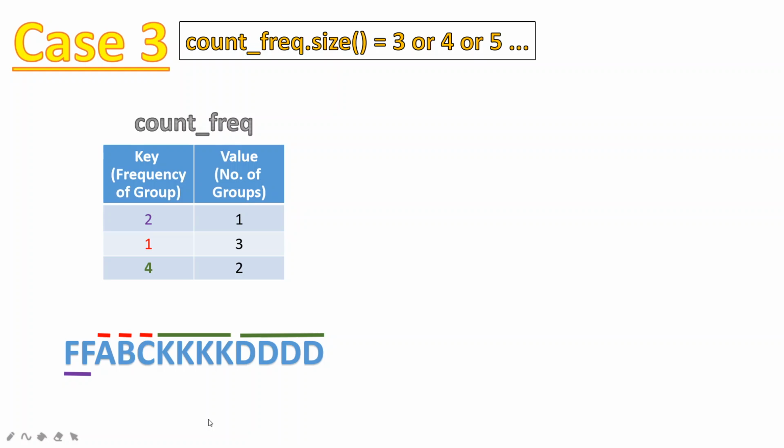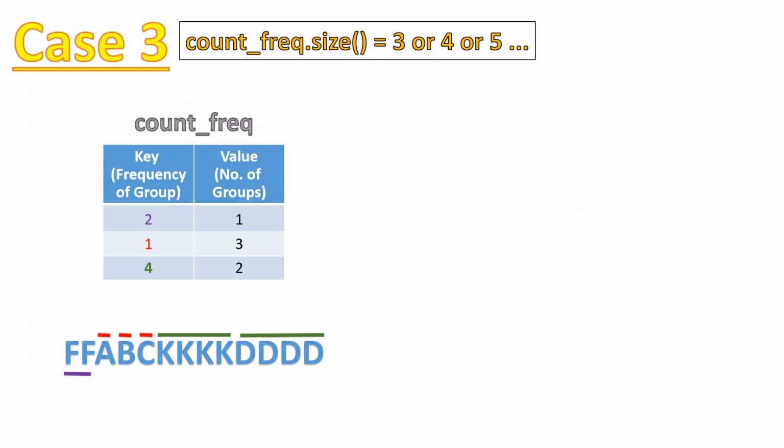So if you remove one of the k's, it will be converted to 3 k's, and that's a different category having 3 frequency. But that won't solve our problem because we are still remaining with other, unequal groups. So this case is not our ideal case.